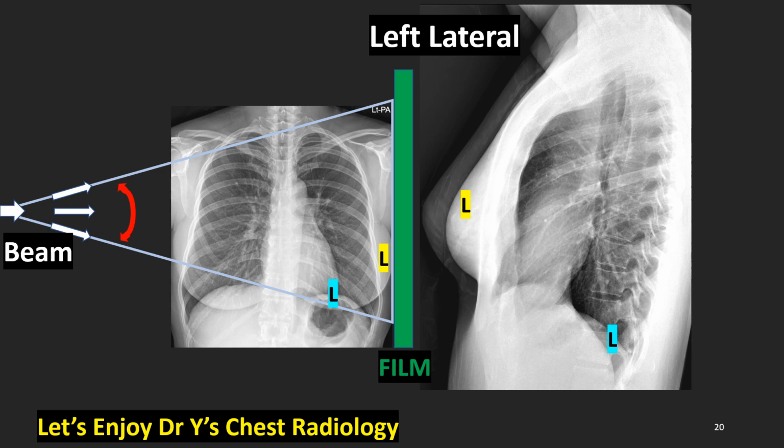That's the left lateral film. That's why the L of blue color, the left diaphragm, is higher than the right diaphragm on the lateral film, and the yellow L of the left breast is smaller, with a clear margin and denser density.